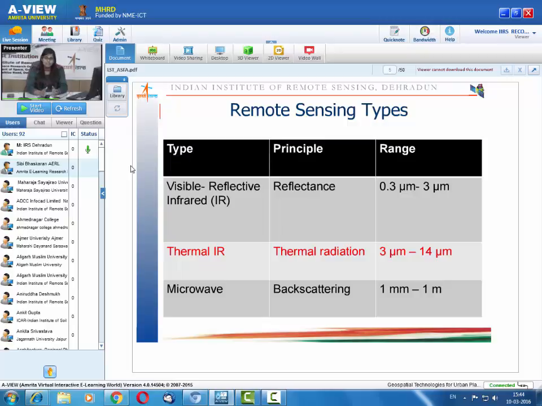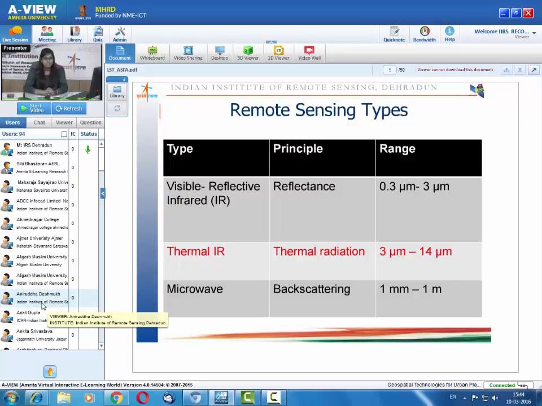So now let us move and narrow down to understand why we are concentrating on thermal remote sensing for land surface temperature studies. Now as we all know, remote sensing has been divided into three broad parts. The first is visible reflected infrared, which works on the principle of reflectance of the radiant energy.